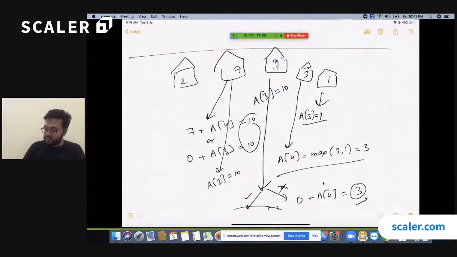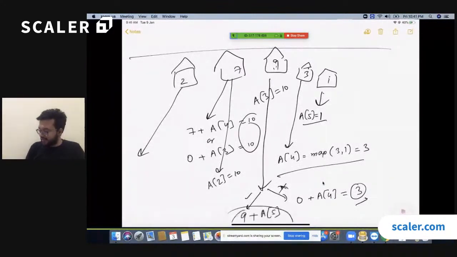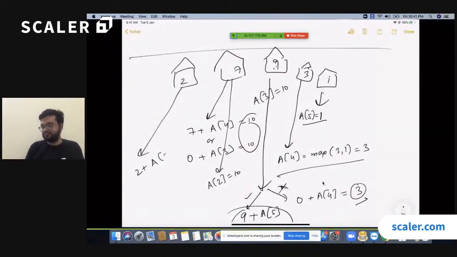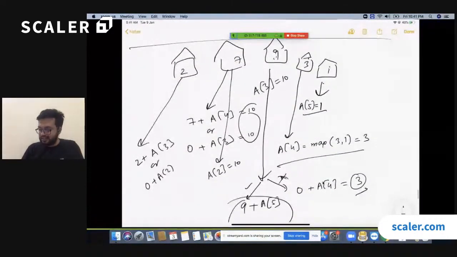Now you are left with this one. You again have 2 choices, either to loot it or not loot it. If you loot it, you get 2 coins just because you are looting it. It becomes 2 plus answer 3, or it becomes 0 plus answer 2. Answer 3 is 10, right? Sorry, answer is 10, so 2 plus answer 3 is 12.